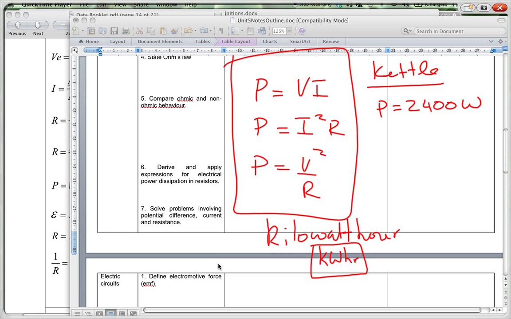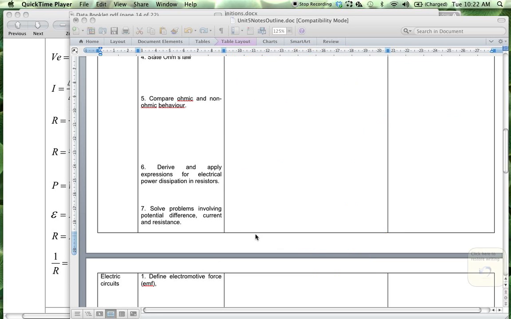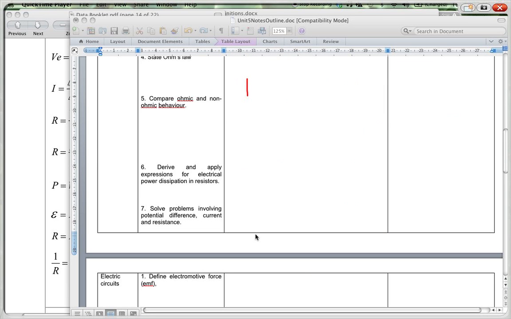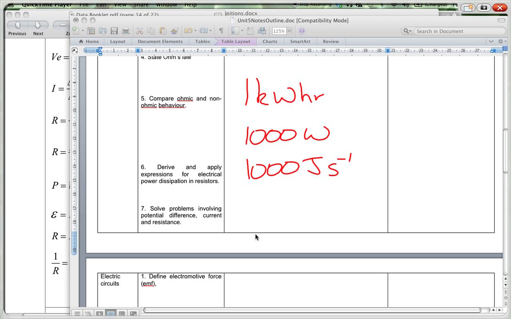So let's just calculate it. 1 kilowatt hour. So you've got 1 kilowatt. How much is a kilowatt? It's 1,000 watts, which is 1,000 joules per second.